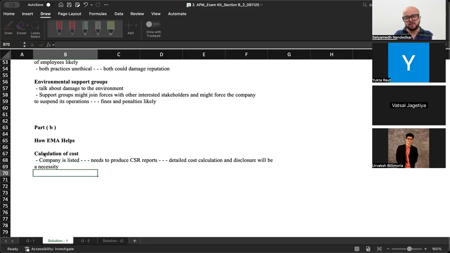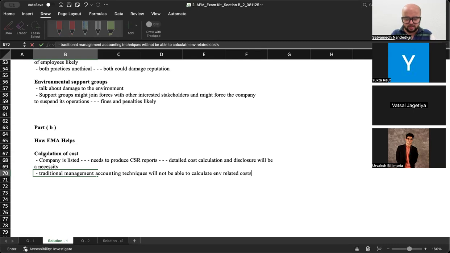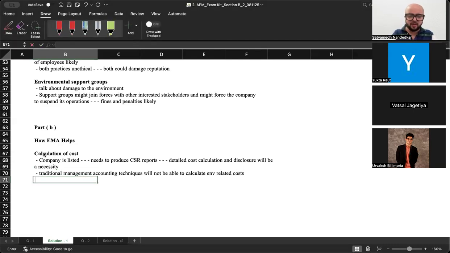In your CSR report, all this you will have to write, right? Now mention how traditional management accounting techniques will not be able to calculate environment related costs. This is where EMA will come in helpful. EMA will be helpful here.